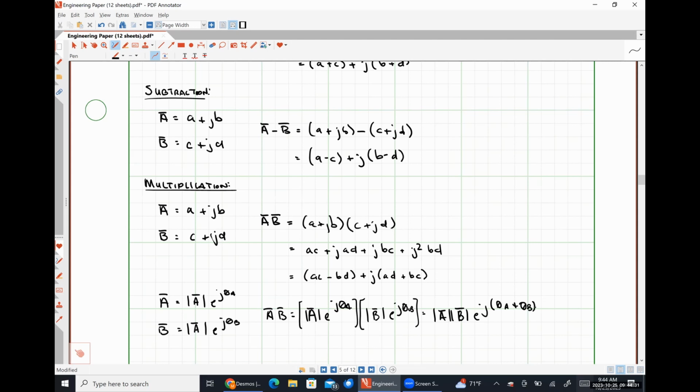So the magnitudes multiply together, and you add the phase angles. Thank you, Hojun, it should not be the same magnitude. So multiplication by hand is a little bit easier to do in polar form than by rectangular form, but it absolutely can be done.